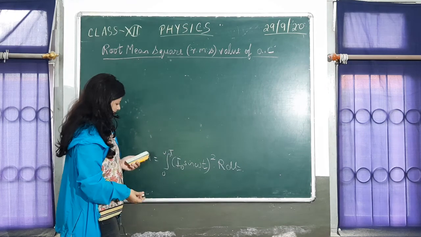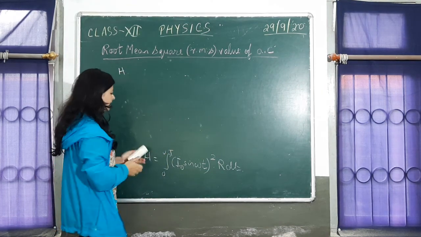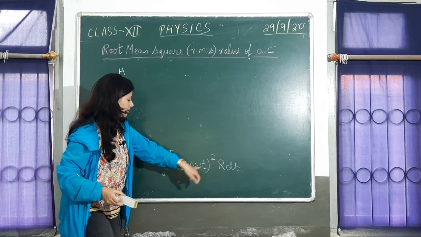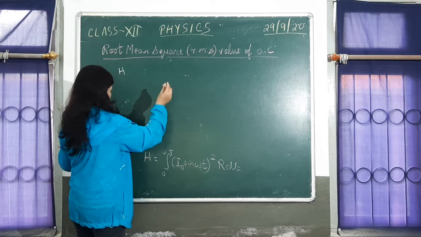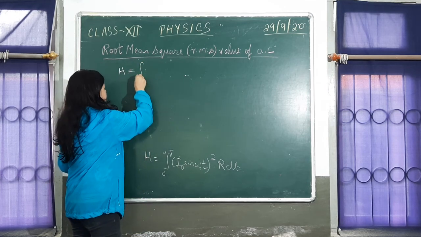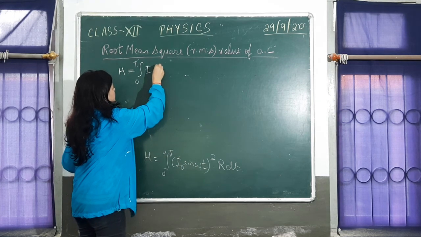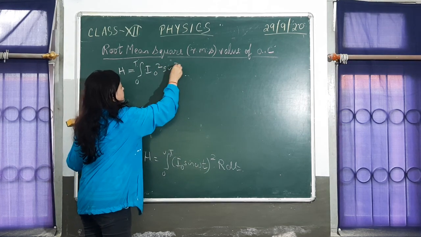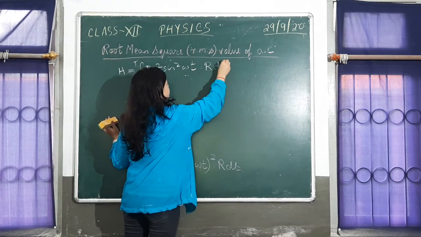Before integration, we can simplify it because we cannot integrate the square of a trigonometric function. So we are going to simplify it: integral from 0 to T of I naught squared sin squared omega t into R dt.